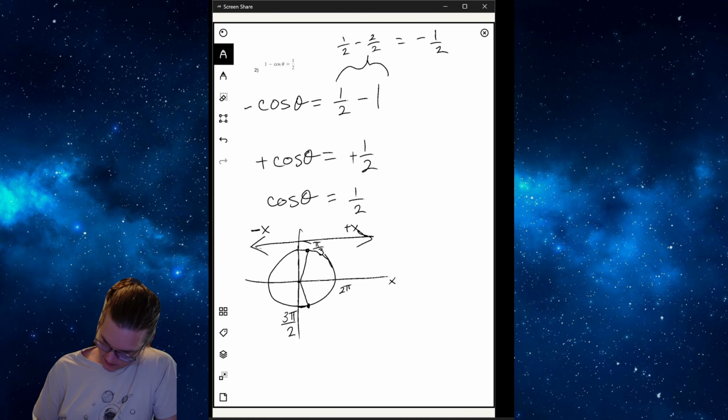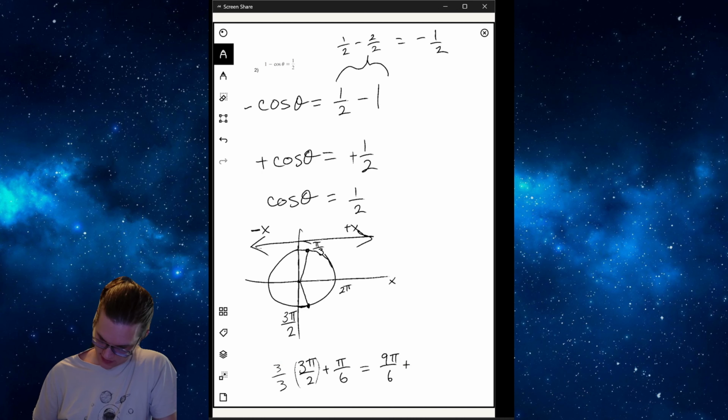And so this little bit right here is another 30 degrees, aka pi over 6. So 3 pi over 2 plus pi over 6, well, that's the same as 9 pi over 6, right? Because I'm trying to get the same denominator, I'm multiplying this by 3 over 3. 9 pi over 6 plus pi over 6 is 10 pi over 6, which is 5 pi over 3.